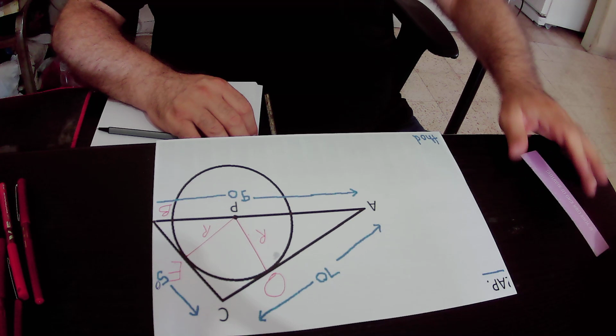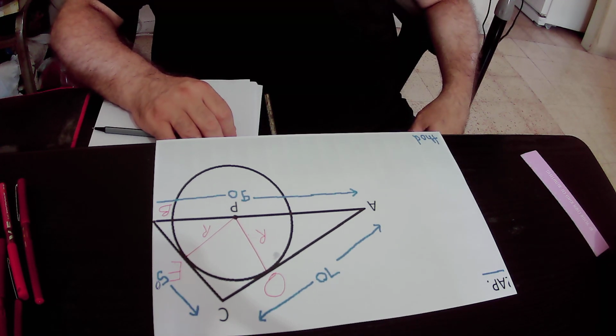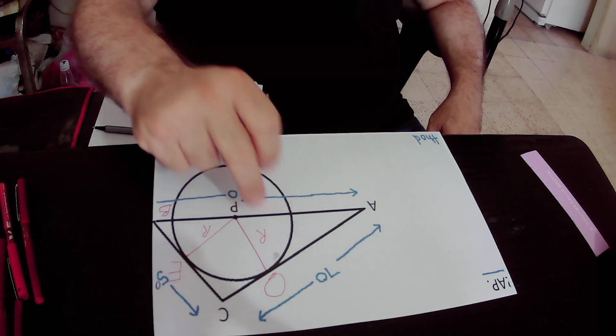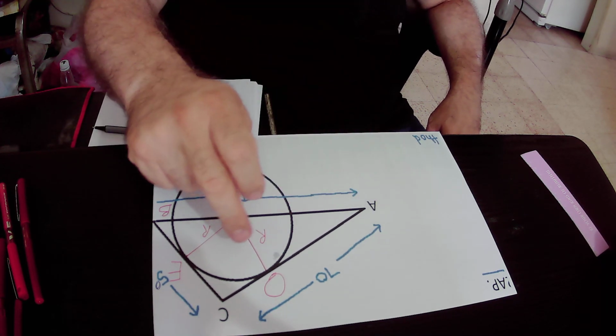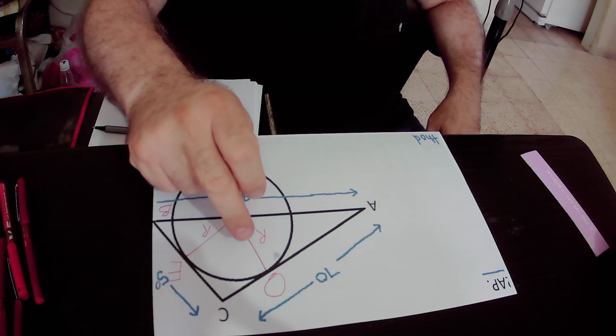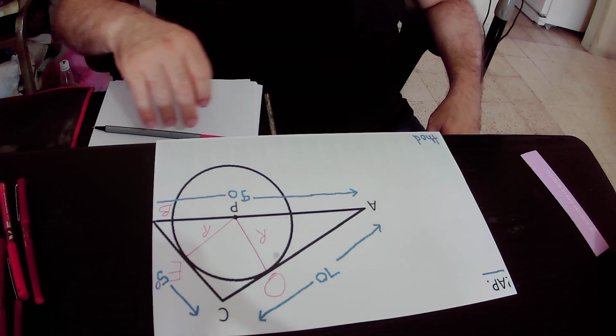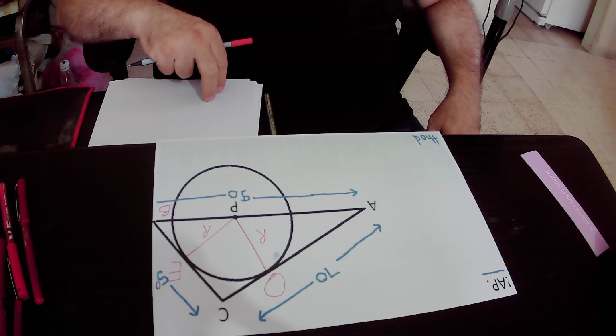and we have a rule that states that in any circle a radius of the circle and a tangent to that radius are perpendicular to each other. Okay, I will write it down.